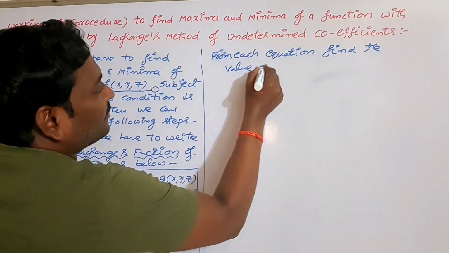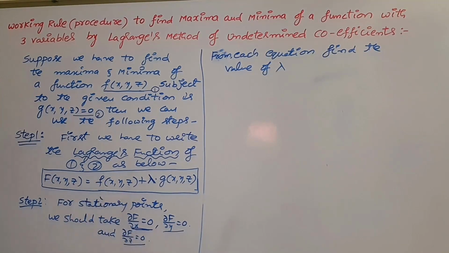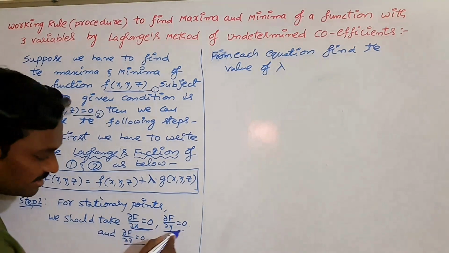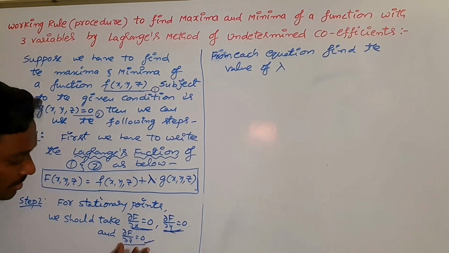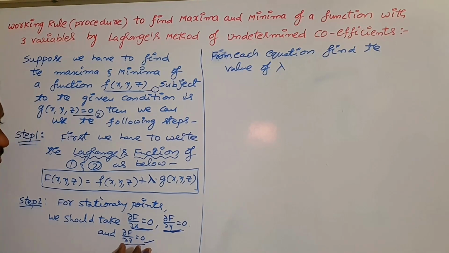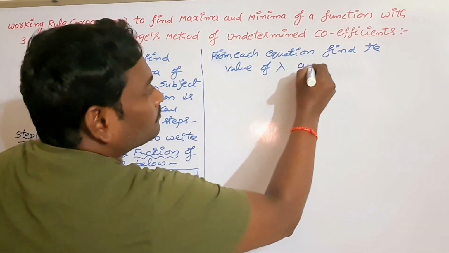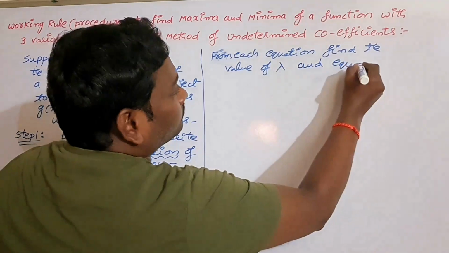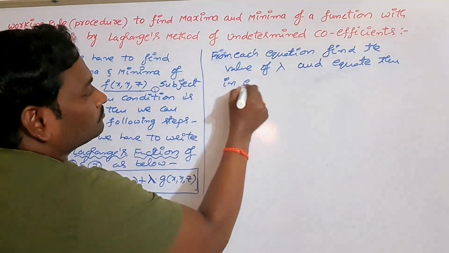From this equation you can get the value of lambda. From this equation you can obtain the value of lambda. From the third equation also you can obtain the value of lambda. So you will have three values for lambda and equate them in each case.